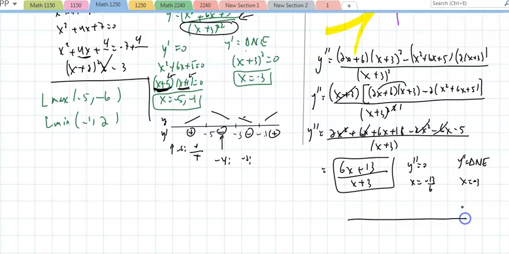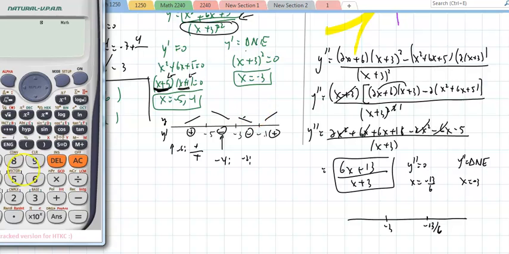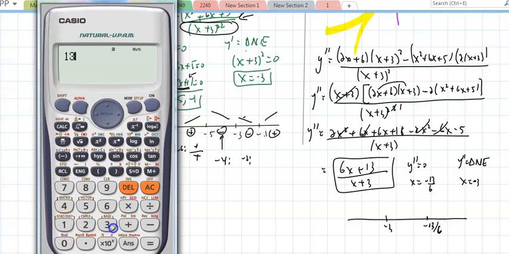So if I do my testing, negative 3 is to the left of negative 13 over 6. If I use my calculator, 13 divided by 6 is negative 2.16.